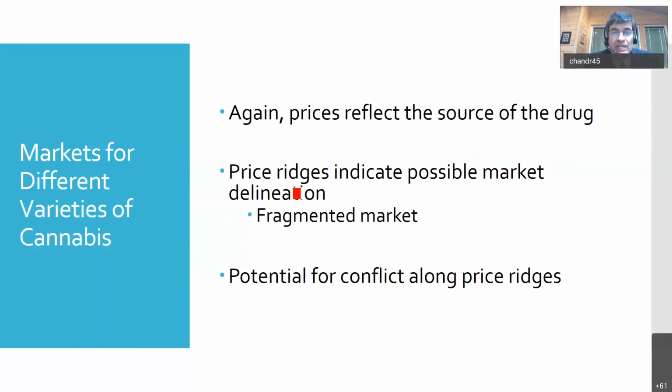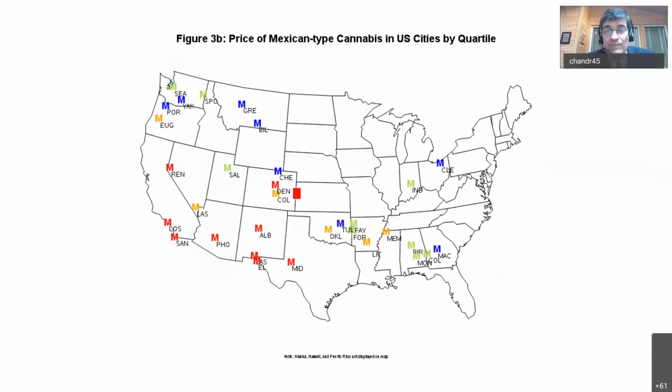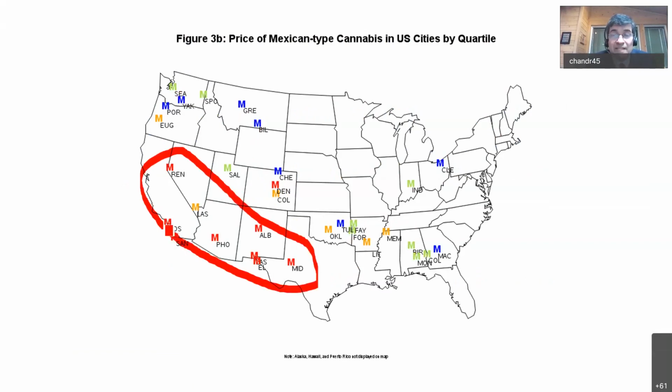So one commonly accounted for type of cannabis is what they call Mexican cannabis. Okay, so these M's are basically Mexican cannabis. Remember, blue is the most expensive, green is less expensive, orange even less, and red is the cheapest cannabis, right? And what do you see here? Well, it's Mexican cannabis. You would expect it to be cheapest close to the Mexican border, and sure enough, it is.